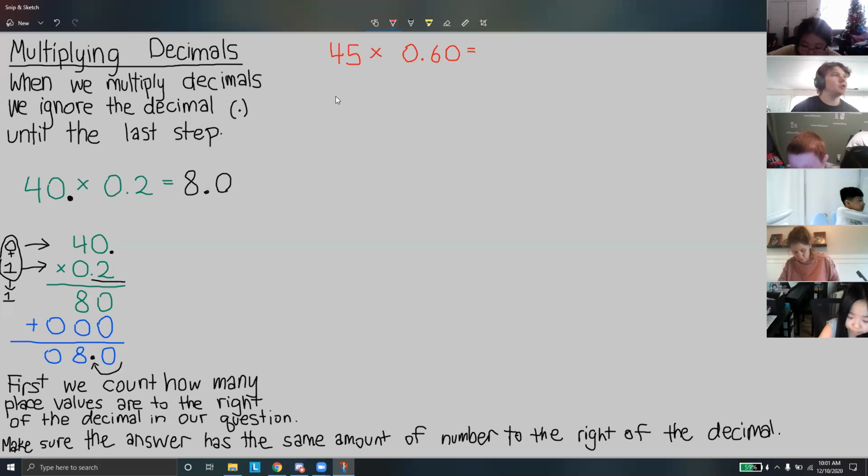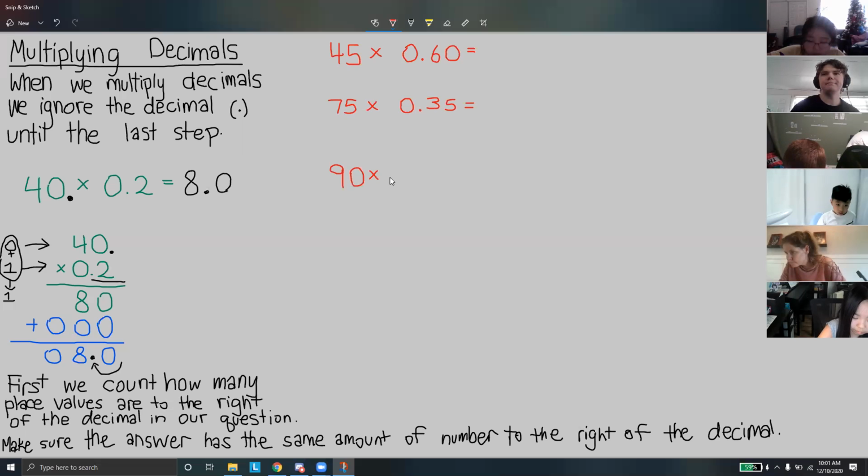And we're also going to do 75 times 0.35. And we're also going to do 90 times 15 hundredths.